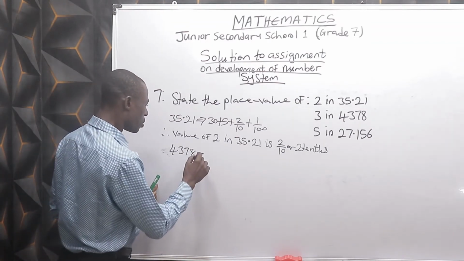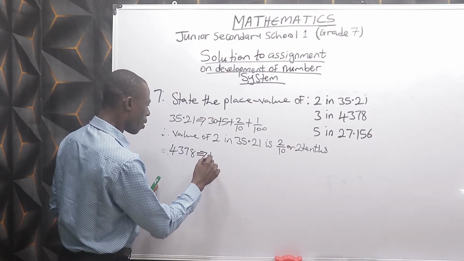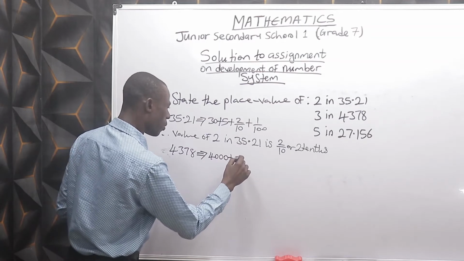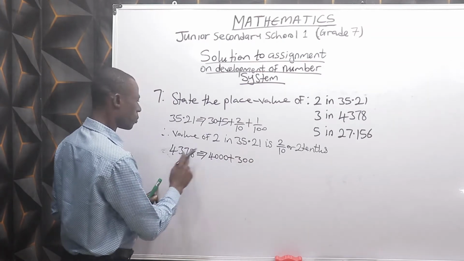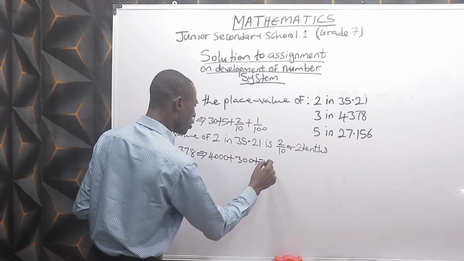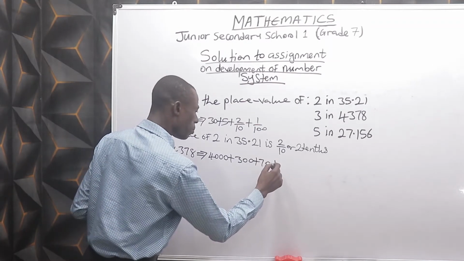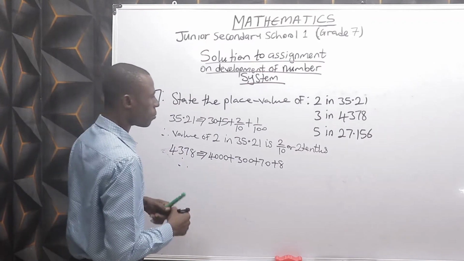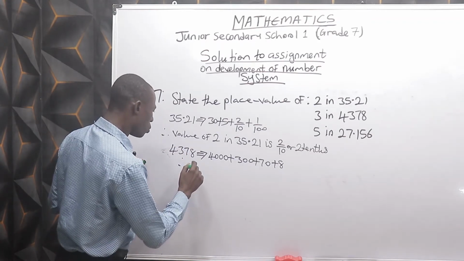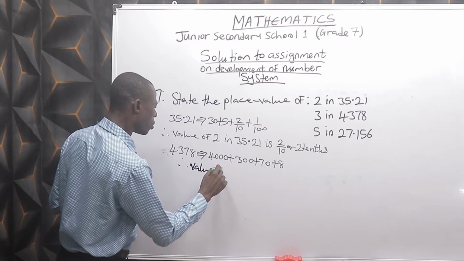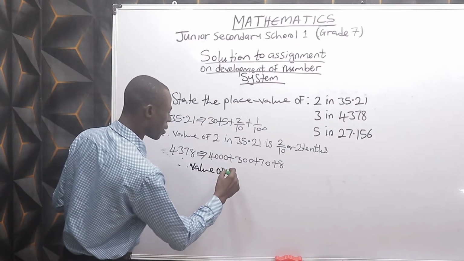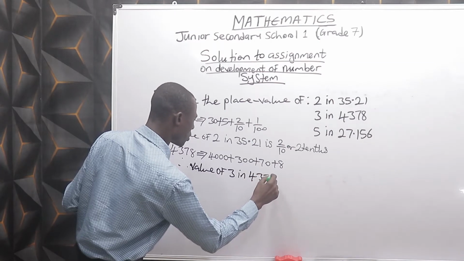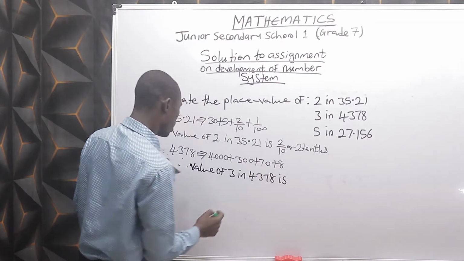The next is 4,378. It could be written as 4,000 plus 300 plus 70 plus 8. Therefore, the value of 3 in 4,378 is, let's look for it.